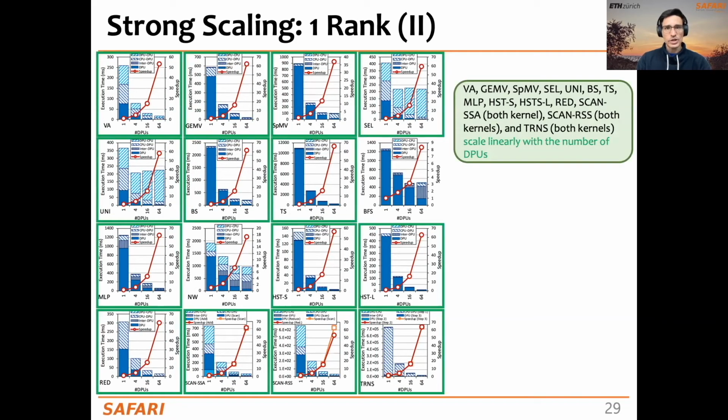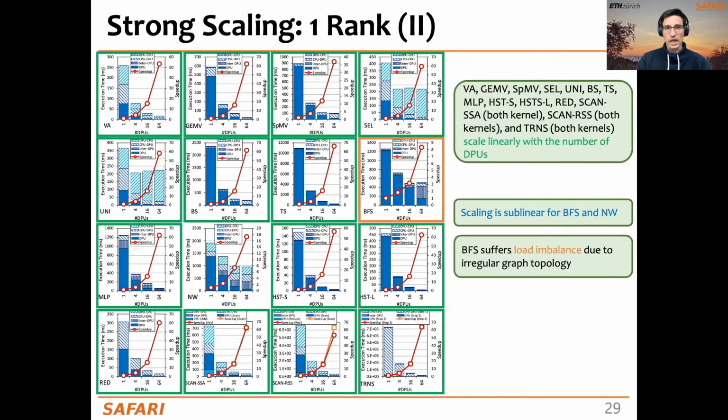One first thing that we see is that for most of the PrIM benchmarks, the strong scaling experiments on one rank scale linearly with the number of DPUs. However, scaling is sublinear for BFS and NW. In BFS, the problem is that different DPUs suffer from load imbalance due to the irregular graph topology.